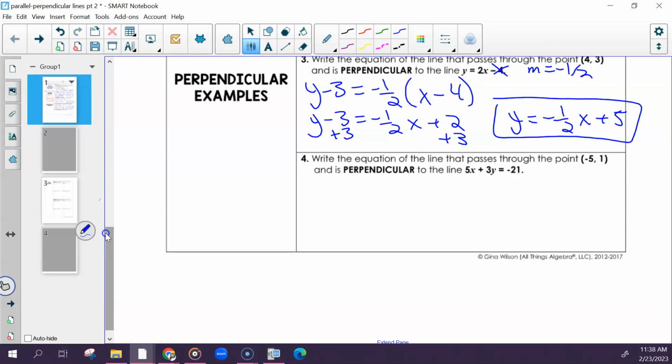For this next one, this is similar to example 2, where you aren't given it in slope intercept form, so you have to solve that first. You can do that off to the side. As I'm writing, you should be continuing to work on this, not waiting for me to write it.